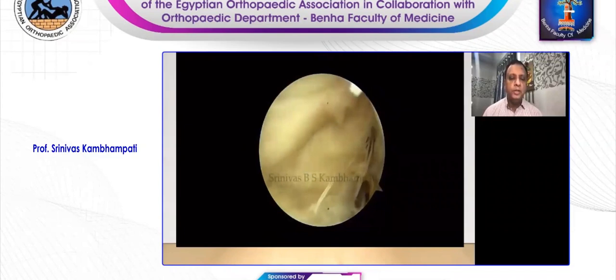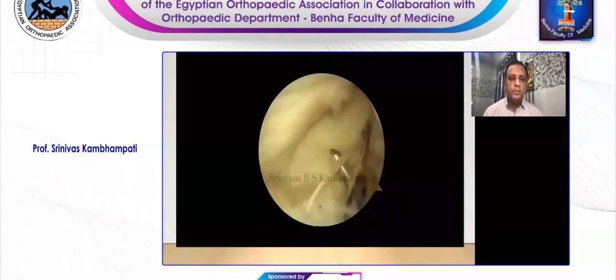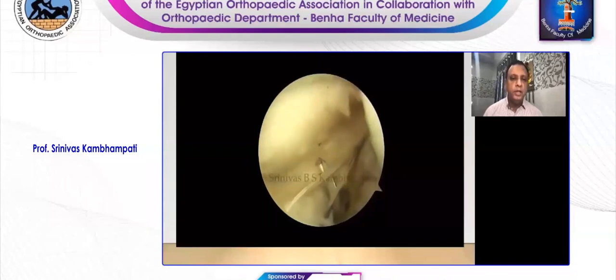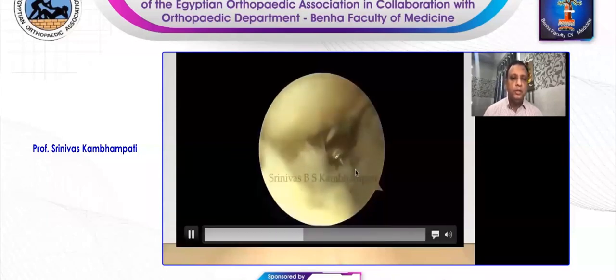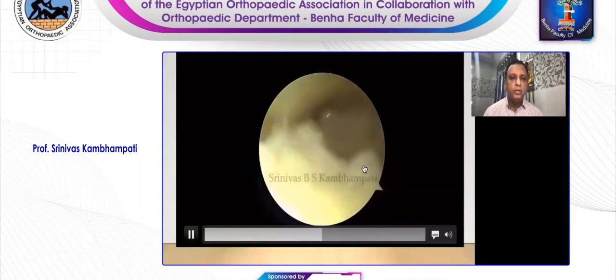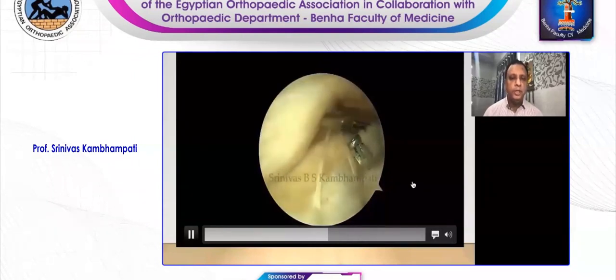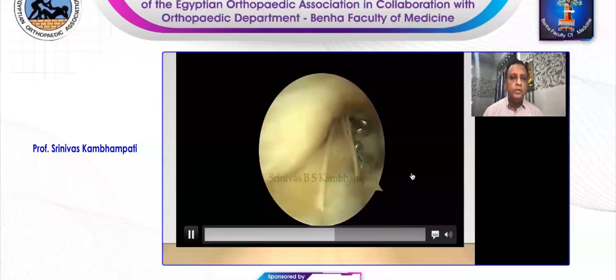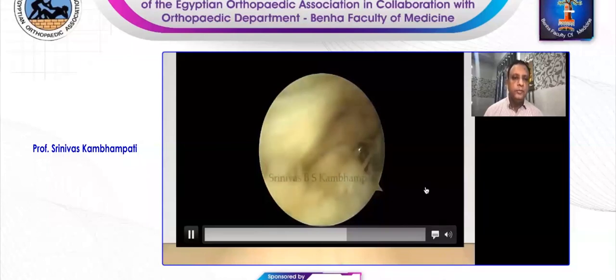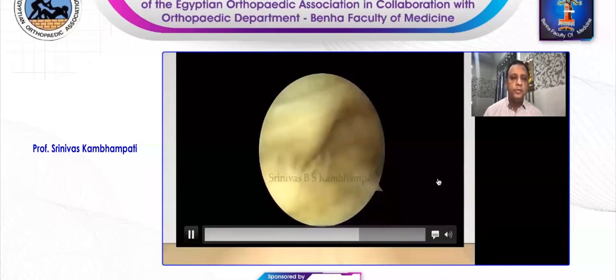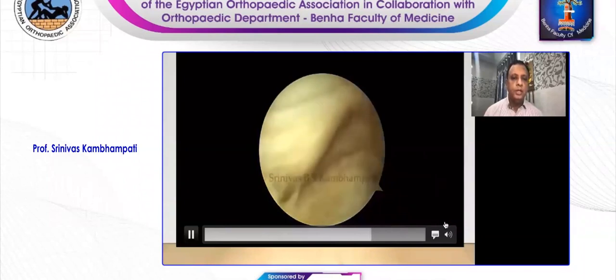A guide was placed to pass a guide wire coming from anterior into the posteromedial compartment where the fracture was. Over the guide wire, a tunnel was drilled using a 4 millimeter drill. The shuttle suture loop was passed through the tunnel to take the fiber wire anteriorly. So the fiber wire was taken through the tunnel anteriorly.